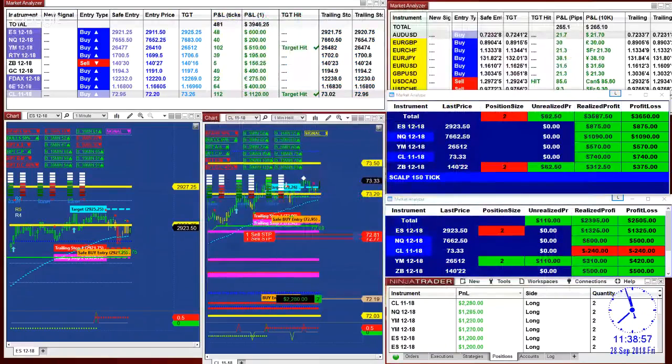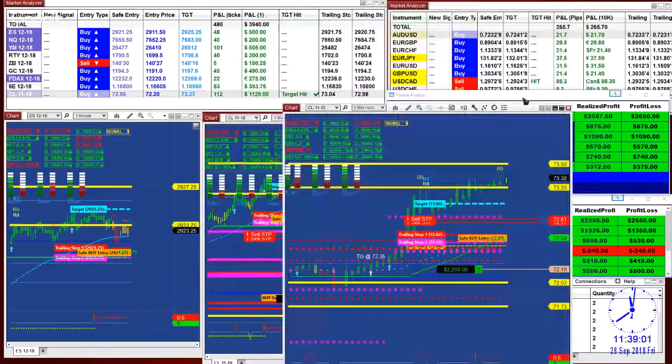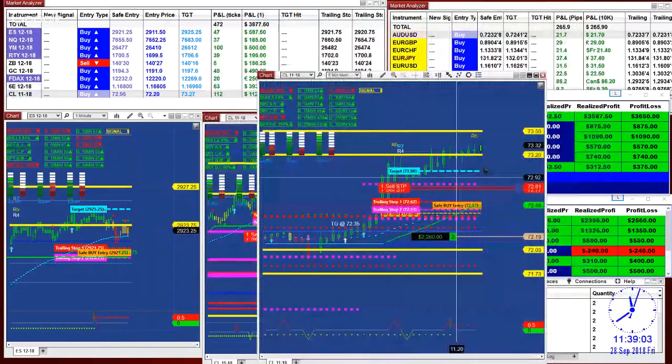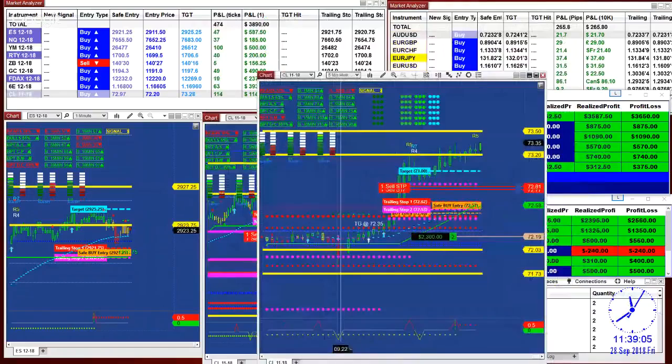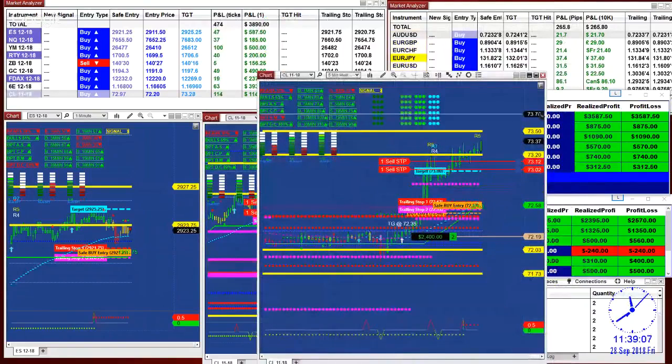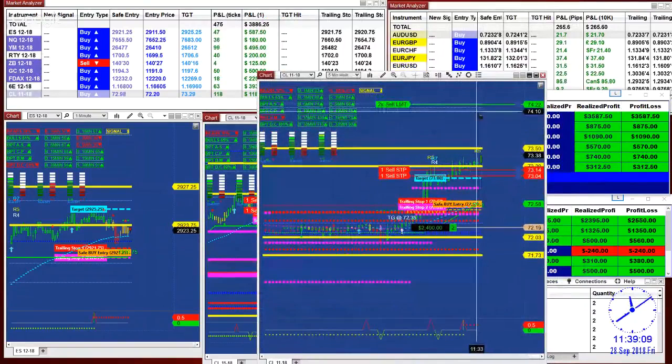CL. We called that trade a long time ago. I don't remember the number. And now we are going back again. The final destination on the CL is 74.10.